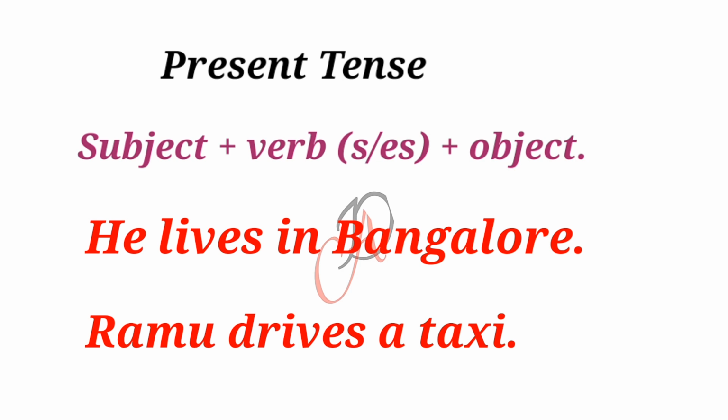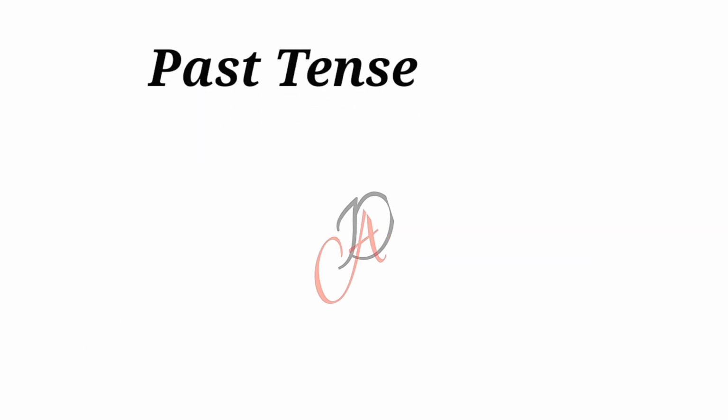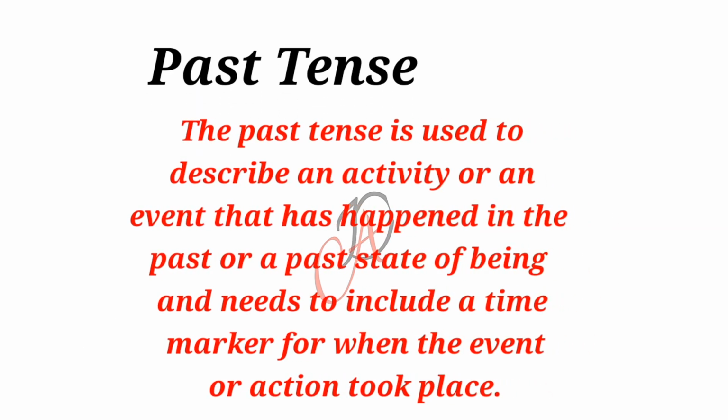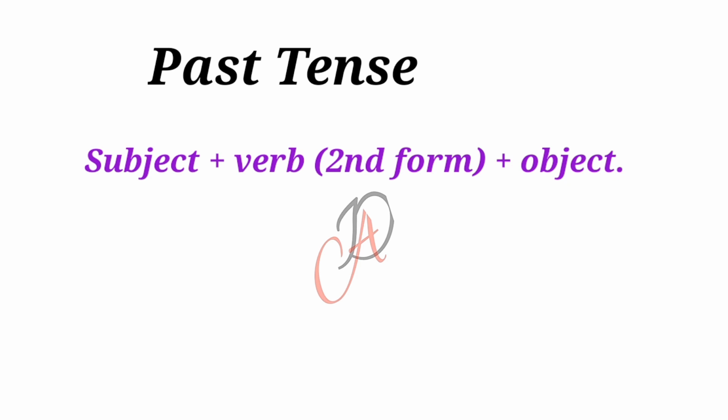Alright, let's move on to the past tense. The past tense is used to describe an activity or an event that has happened in the past, or a past state of being, and needs to include a time marker for when the event or action took place. The structural formula for past tense is subject plus verb in the second form, that is V2, plus object.